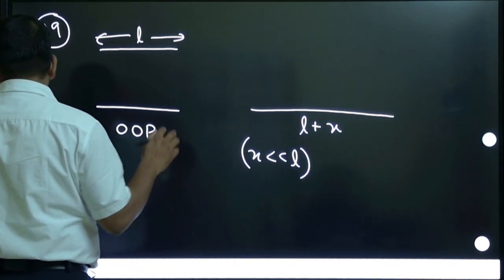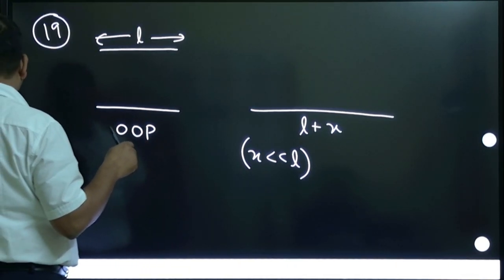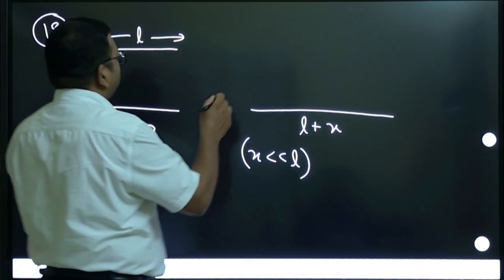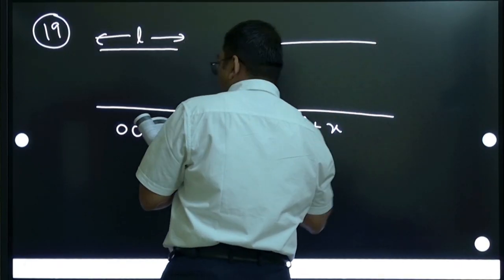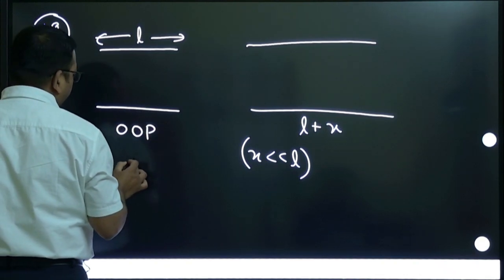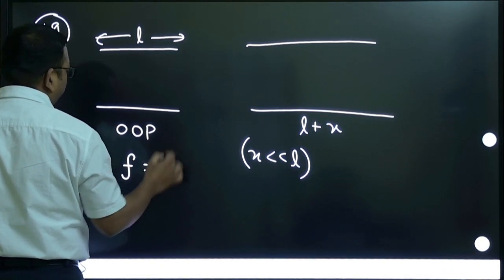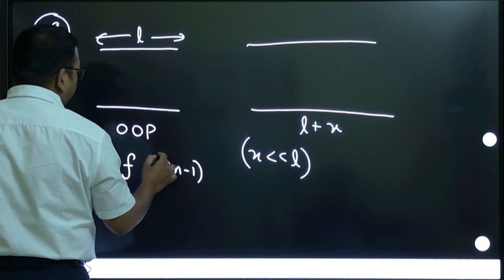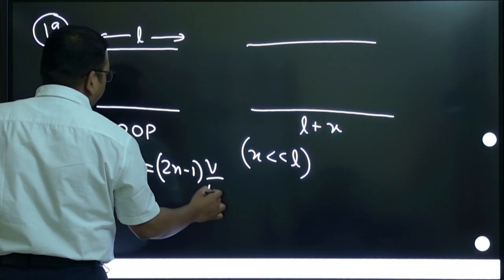So together they are sounded. The beat frequency heard will be... Let us consider it's also open. So the frequency formula for a closed pipe is an odd multiple, 2n minus 1, into V by 4L.